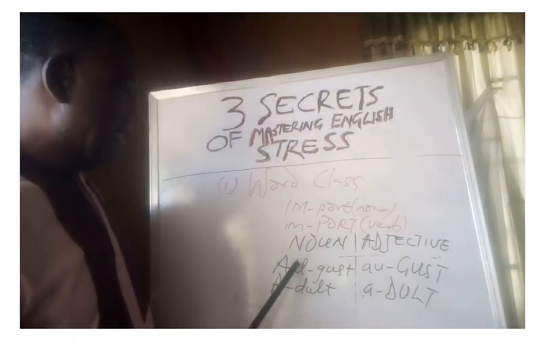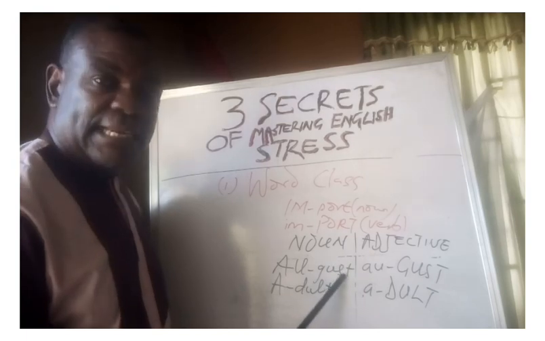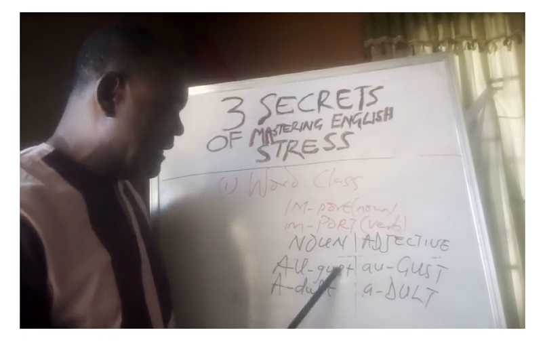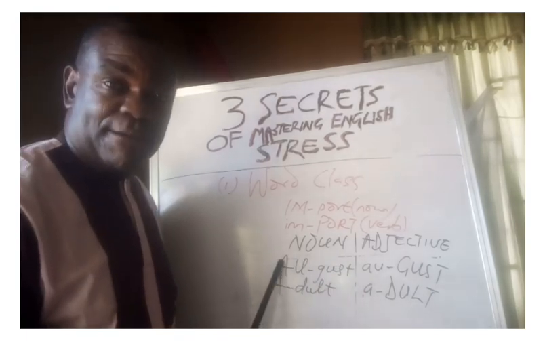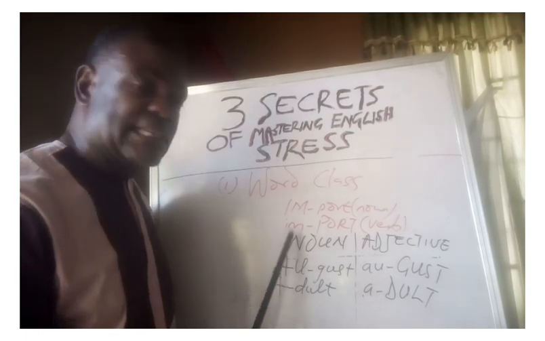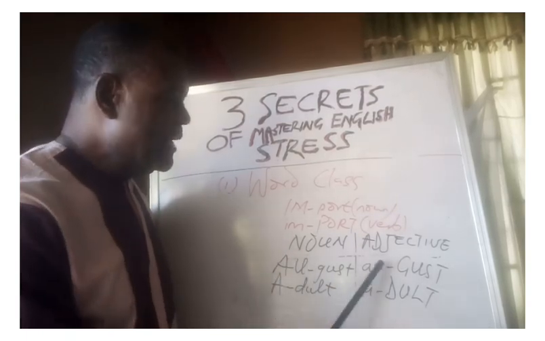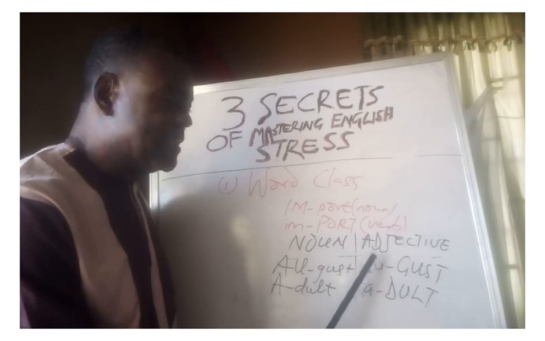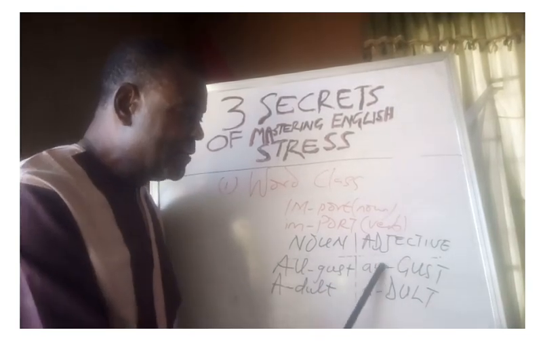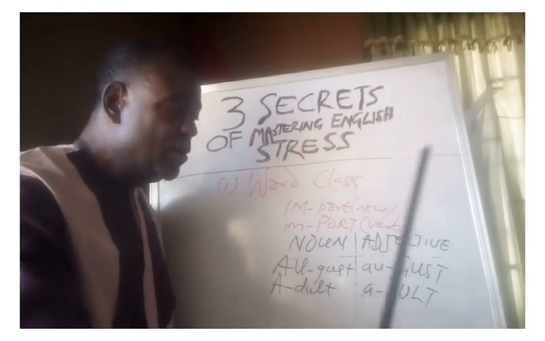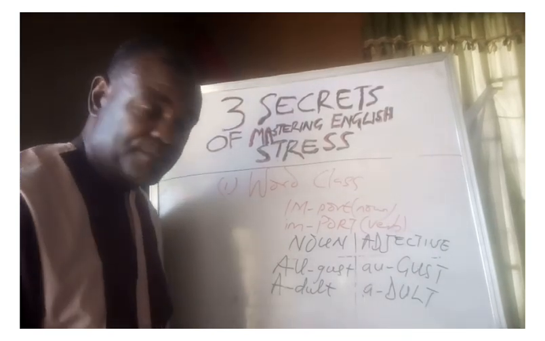When we are using the word August as a noun, such as the month of August, the stress is on the first syllable, and so we pronounce it as August. But when it's used as an adjective, it is august, such as when we are talking of an august visitor or an august occasion.